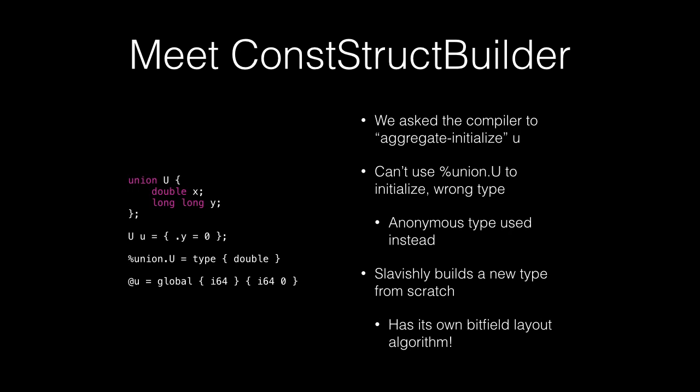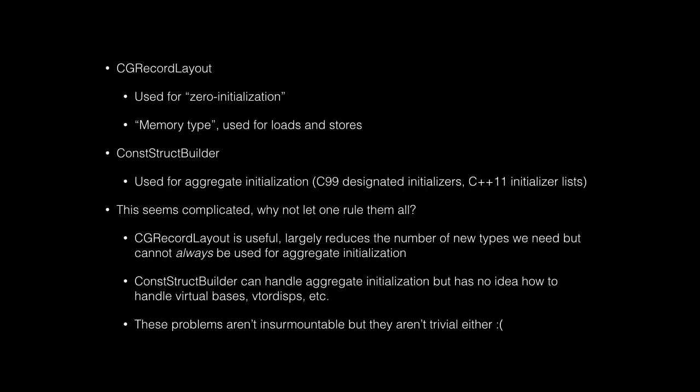And you might think to yourself, well, why can't we just have one algorithm to do both of the jobs? It turns out that, unfortunately, we can't. CGRecordLayout is very useful. It allows us to describe a type in memory. ConstStructBuilder is also very useful because it allows us to describe types that CGRecordLayout can't describe.